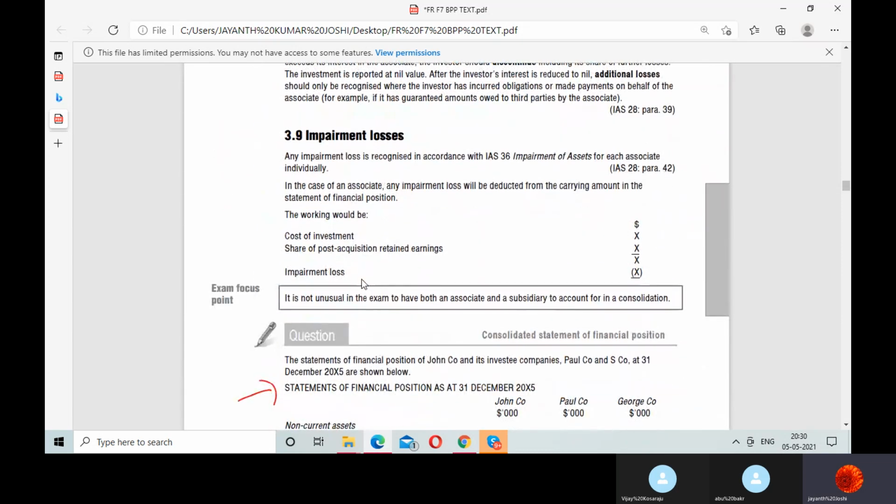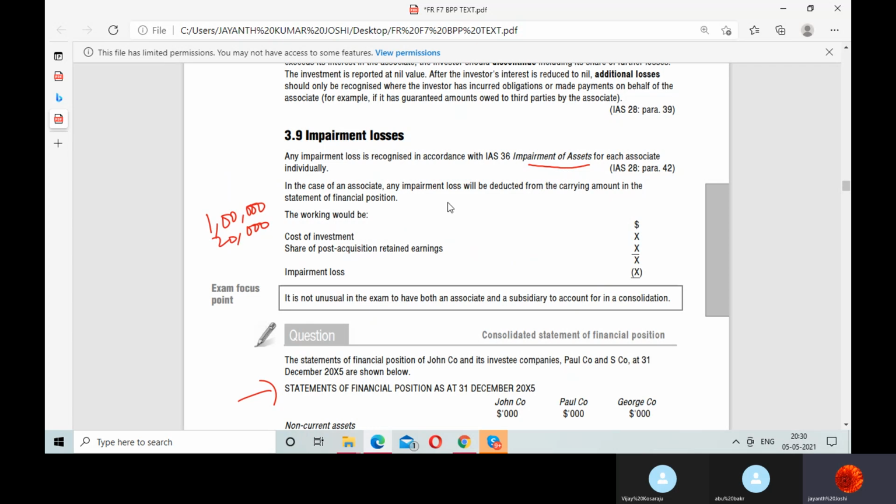So impairment loss: suppose your investment is 1 lakh, and the share of post acquisition return is, suppose, 20,000. And if you have any impairment loss, that means impairment of assets, that means the asset value has come down.